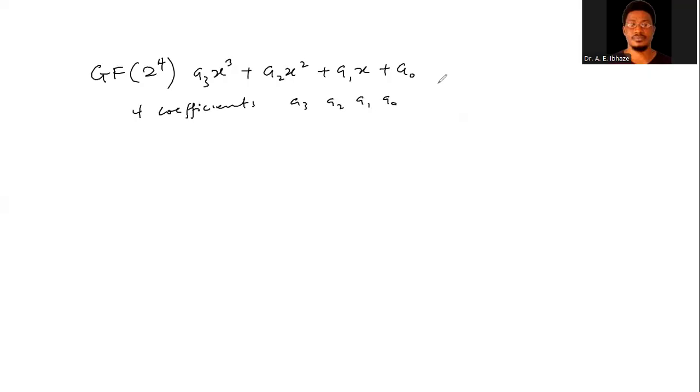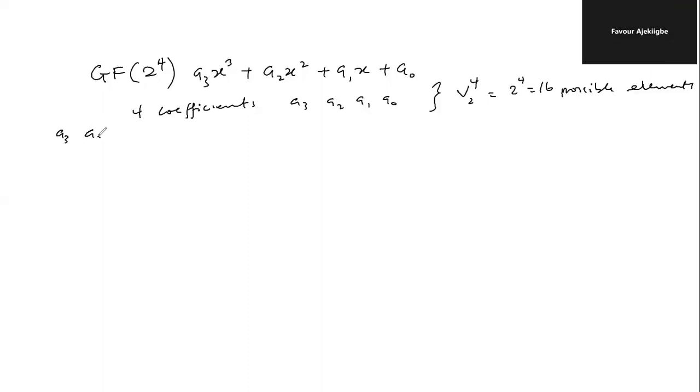And now we know that for this vector space of length 4, we have 2 to the 4, that is 16 possible elements. Okay? So it means that we can literally describe these coefficients, a_3, a_2, a_1, a_0, and use that to develop our polynomial.